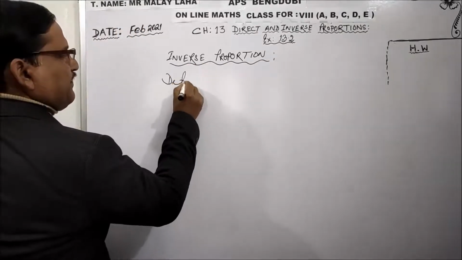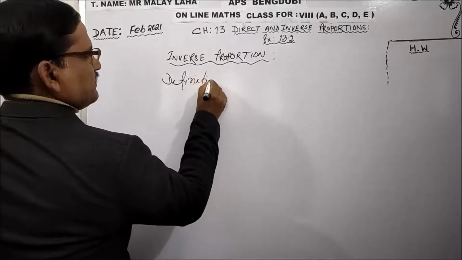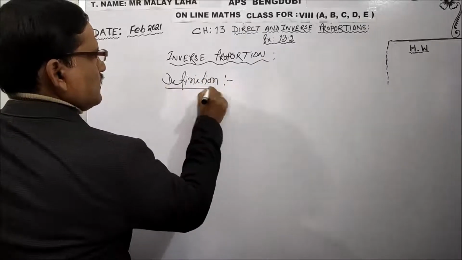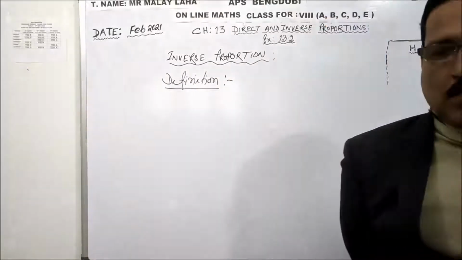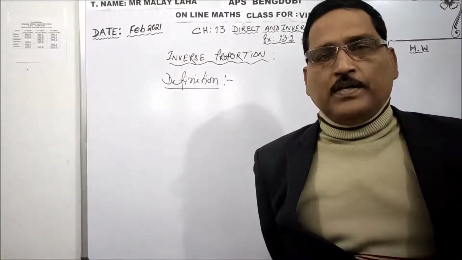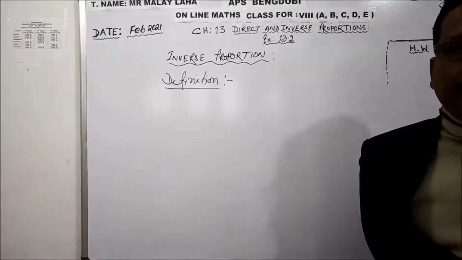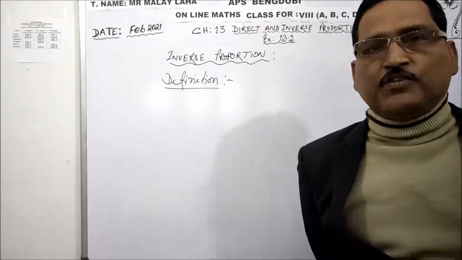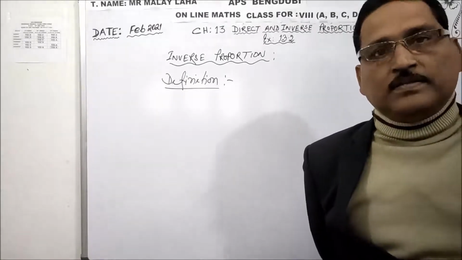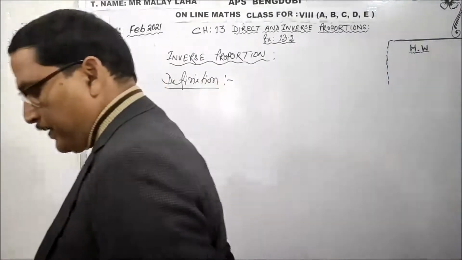How do we define inverse variation? Say two quantities x and y. We'll say x and y vary inversely to each other when the product of x and y in every situation remains the same.